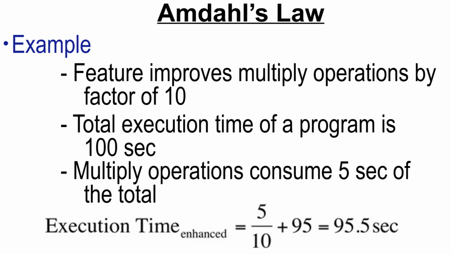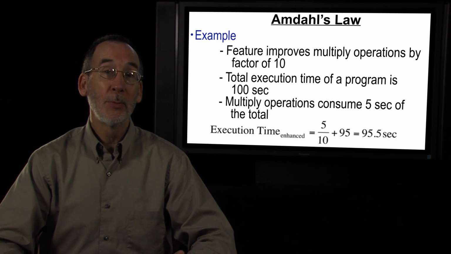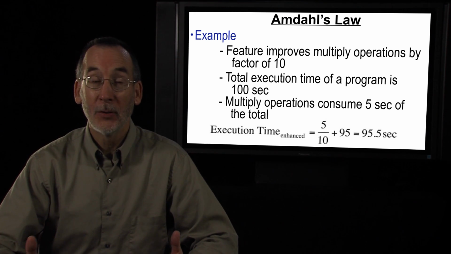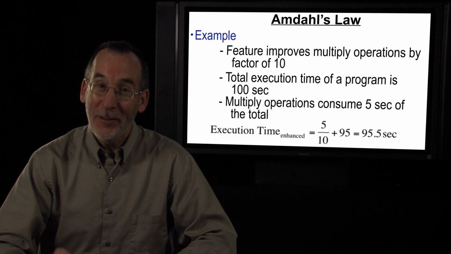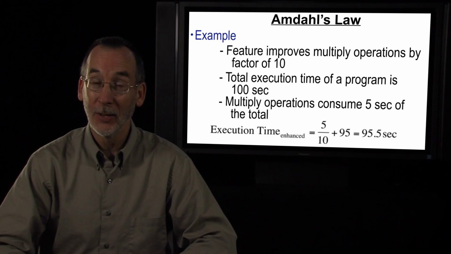Well, then Amdahl's Law says that the enhanced execution time is going to be 5, which is the amount of time that's affected by multiplies, over 10, which is the factor of improvement, plus 95, which is the time that's unaffected, or 95.5 seconds. So although I've improved multiply operations by an order of magnitude, a factor of 10, I've only shaved off 4.5 seconds out of my total 100 seconds of execution time.